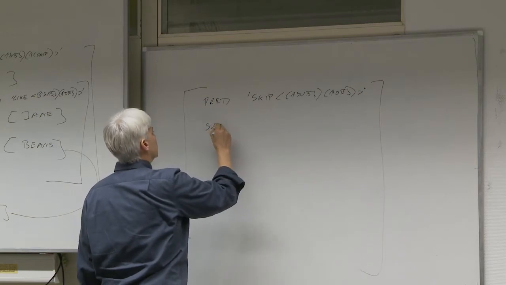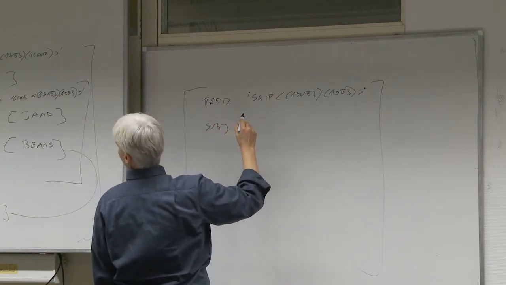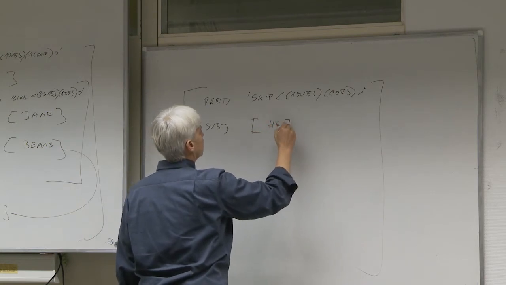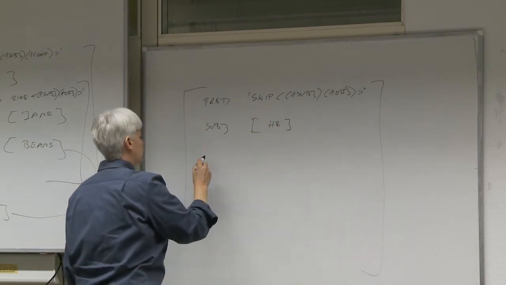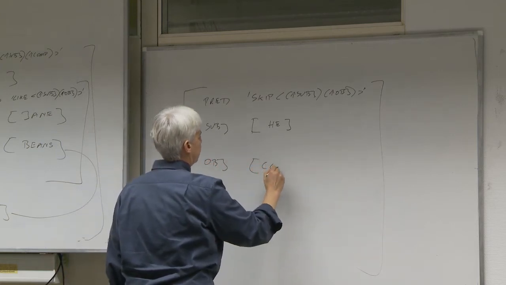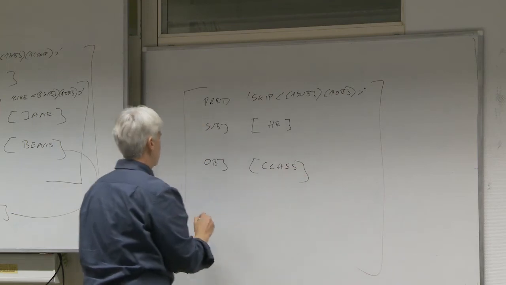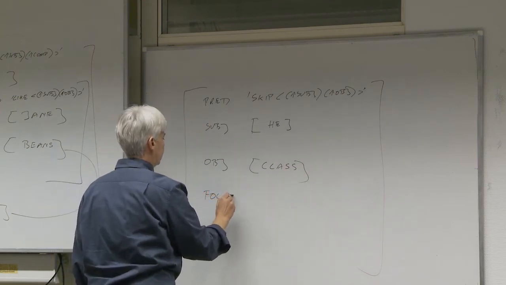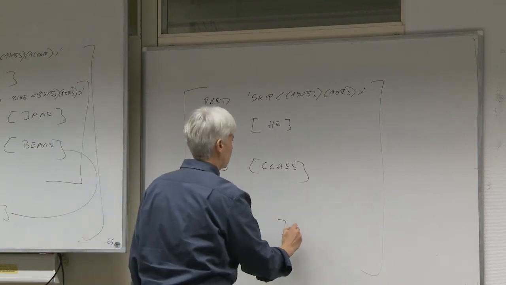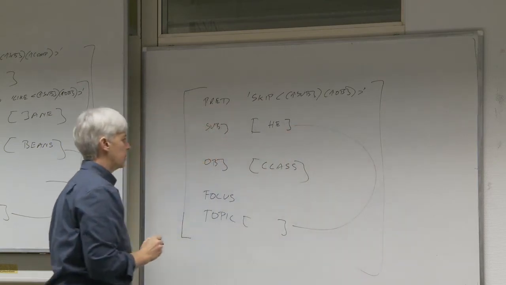And the subject is Joe or he. And the object is class. And then we have a focus. We have a topic. The topic is not a problem. The topic is he, right? That's okay.